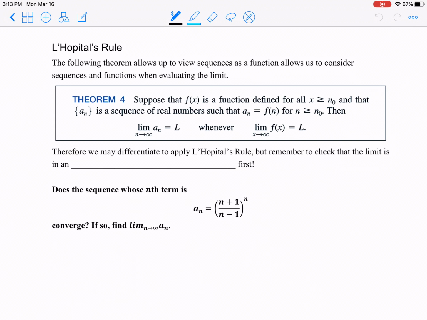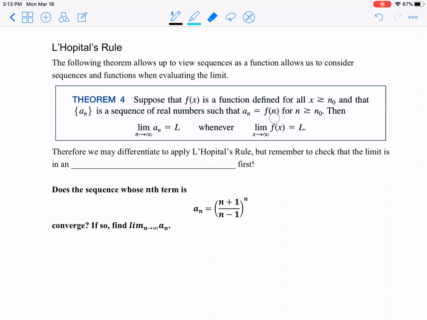Again, we're using the idea that we can replace what we're looking at with a function that's defined for a sequence, where with the sequence all we have to do is just put in discrete values of n and get back out our sequence from the function.